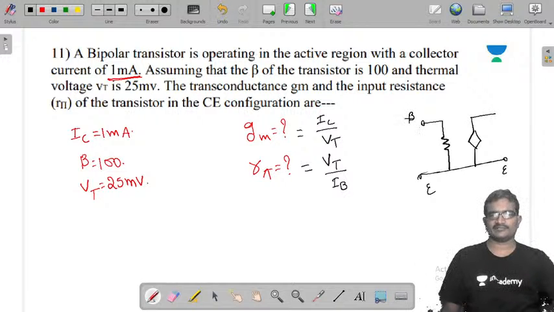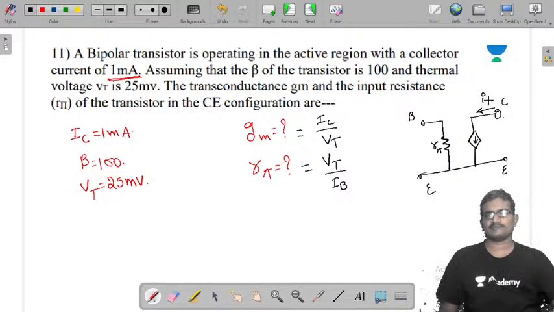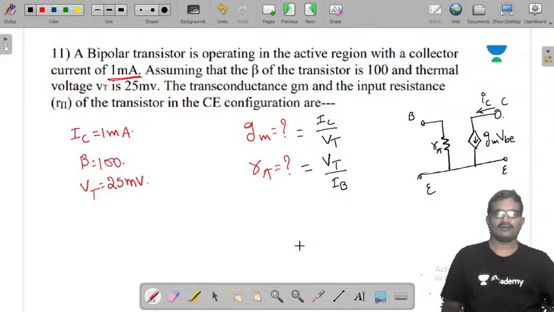CE model, it is base, it is R pi, it is a collector, it is IC. So it is a GM into VB. Okay, just substitute the values, and from this too I am getting IB.